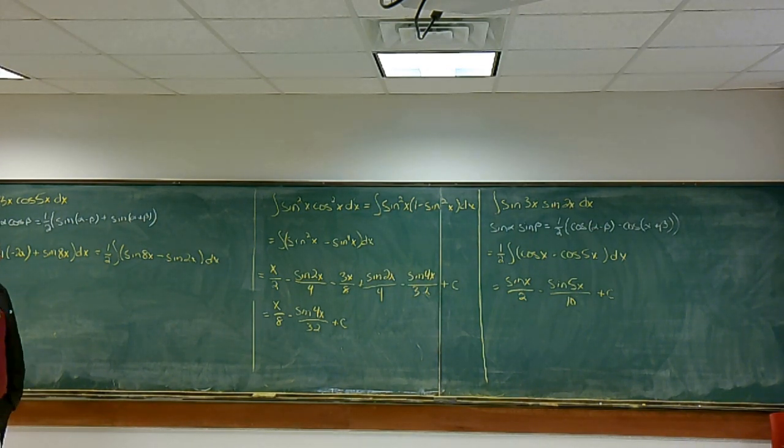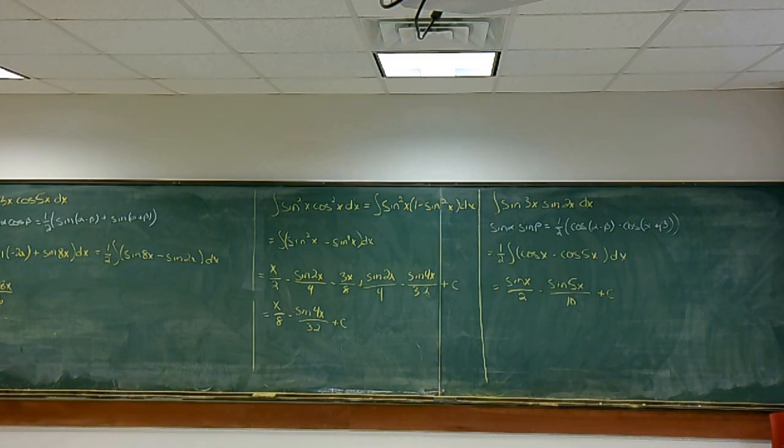So then what is the antiderivative of sine of 8x? We've got negative cosine 8x over 8, right? And then times the 1/2. What about sine of 2x?